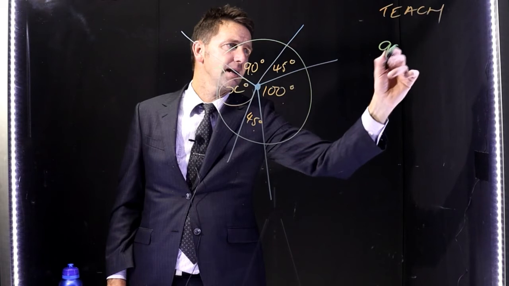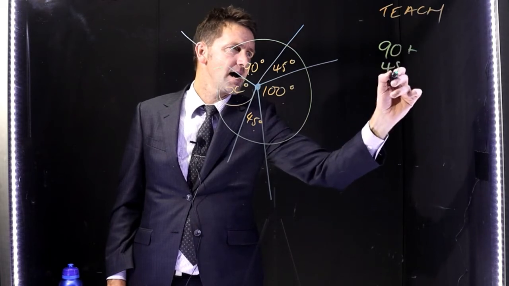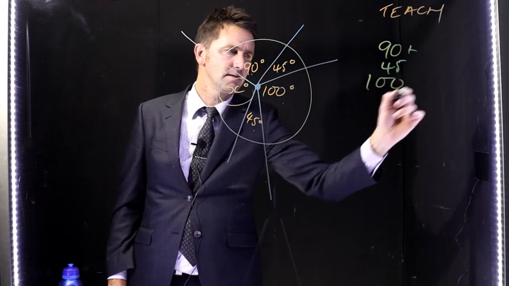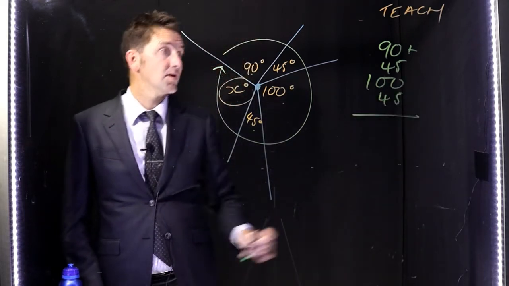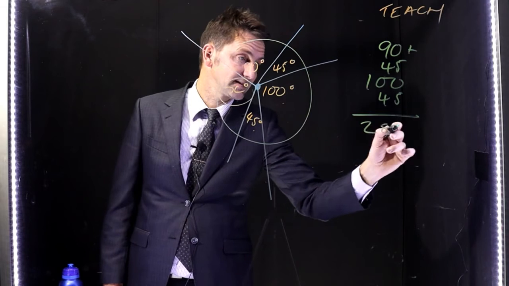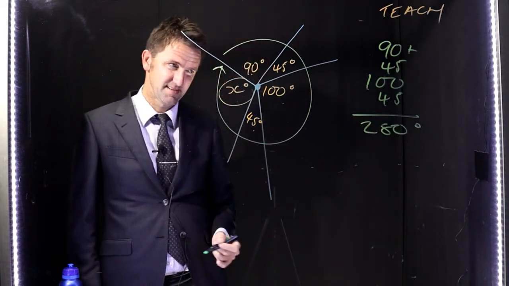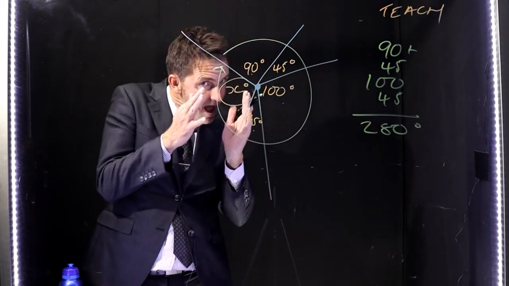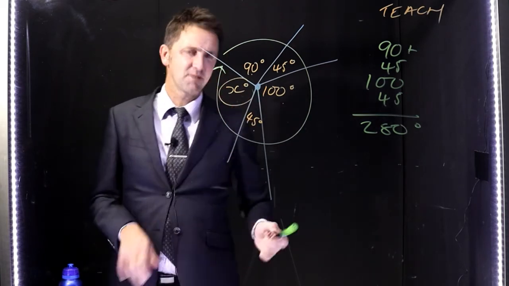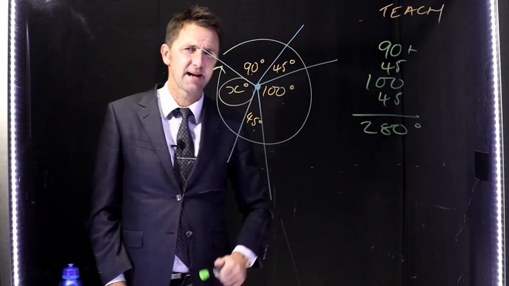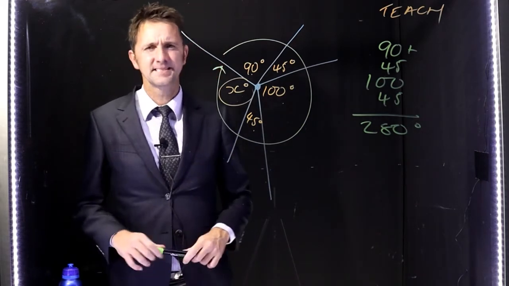So that's 90 plus 45 plus 100 plus 45, which equals 280 degrees. Which means, how much is left over? What's the difference between this value, 280 degrees, and 360 degrees?